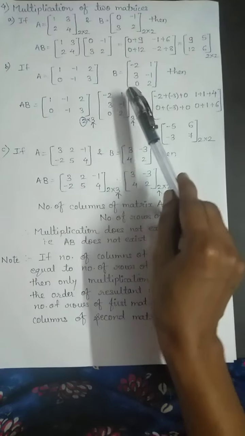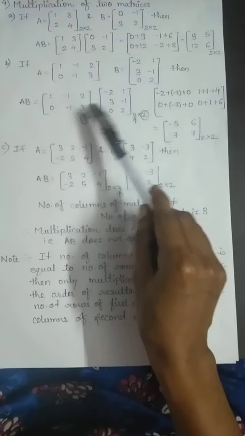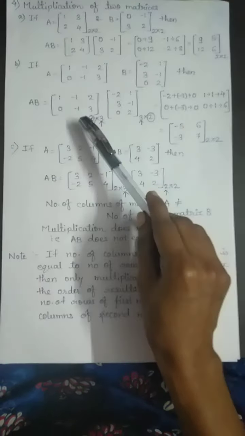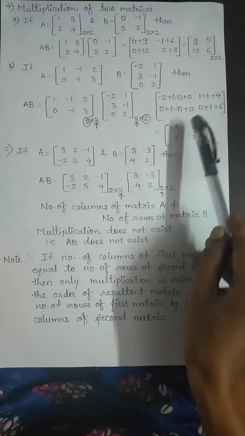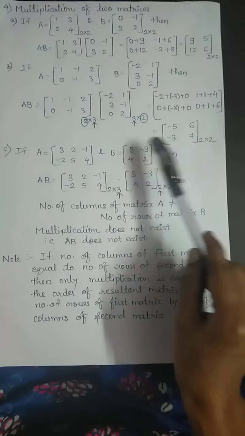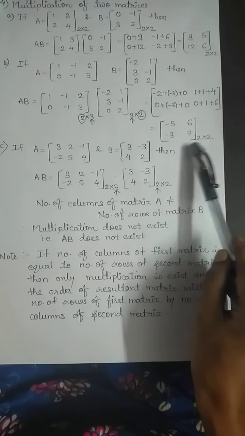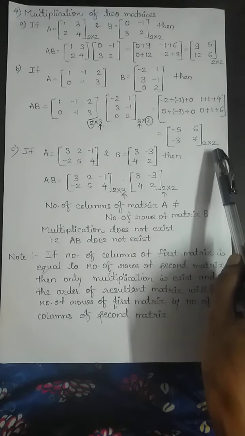Similarly, 0 into 1, 0, plus minus 1 into minus 1, 1, plus 3 into 2, 6. So the answer will be this. You can see here the order of the resultant matrix is 2 by 2.